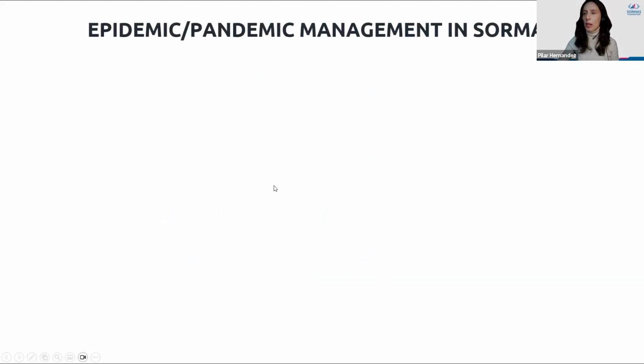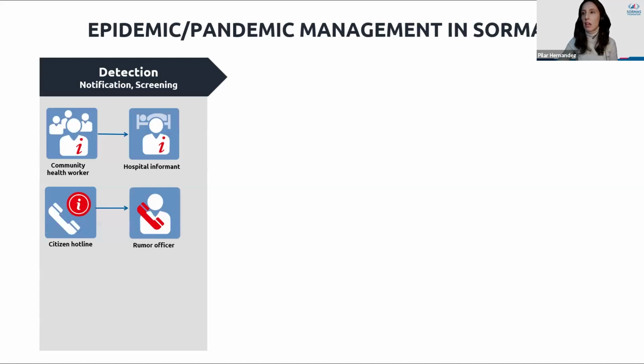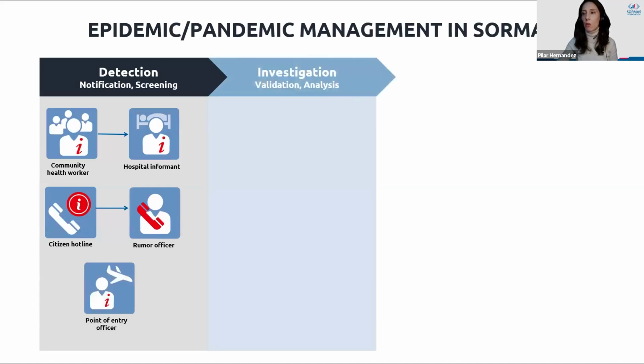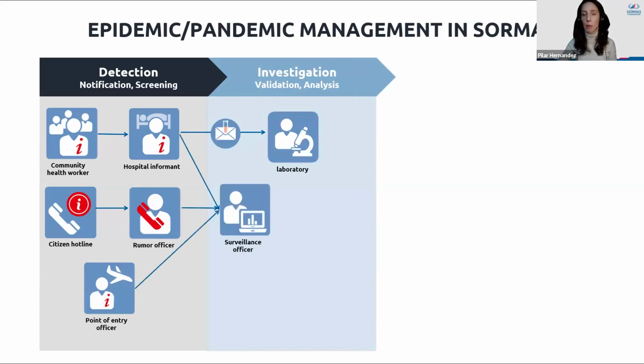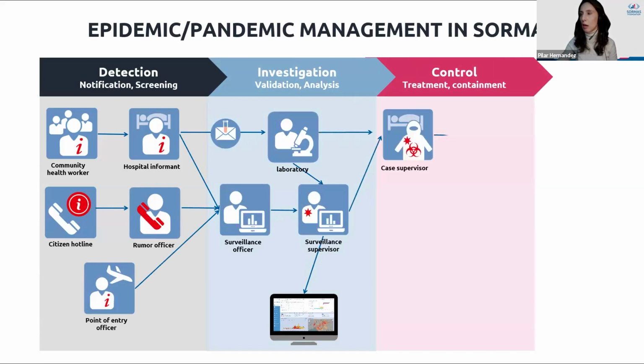So the way SORMAS manages epidemics and pandemics is clear. SORMAS is a platform. It has different users, and all the users enter the information on the same SORMAS platform. The information is entered and can be seen in real time by other users, obviously with the access restrictions that apply.